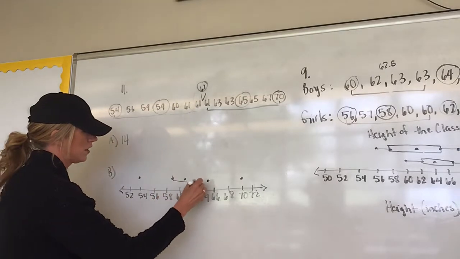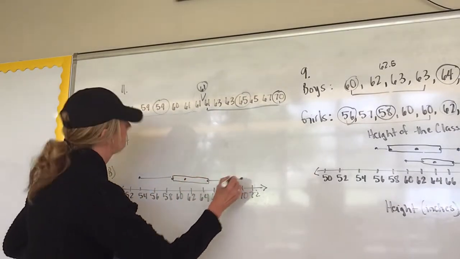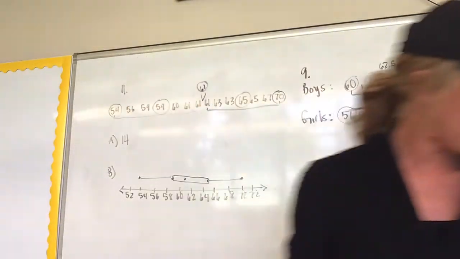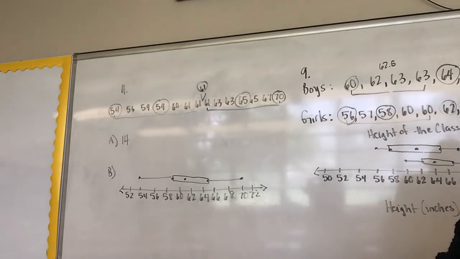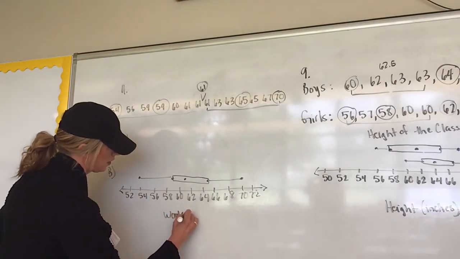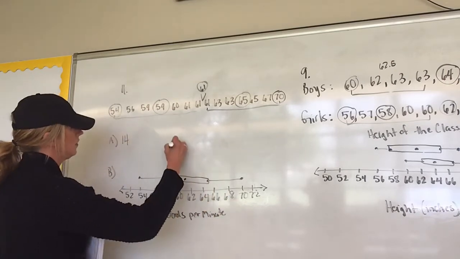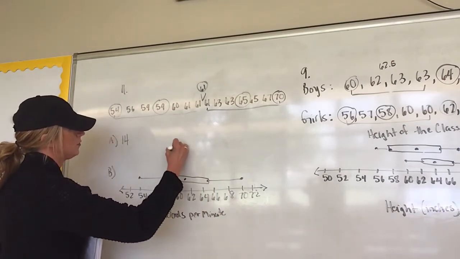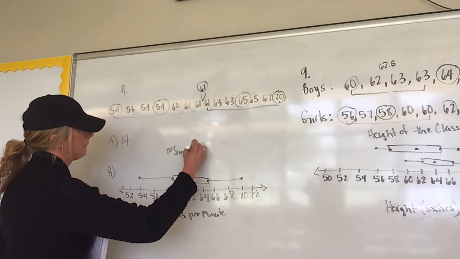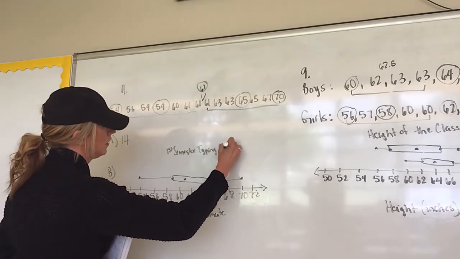Okay, let's construct the box. Let's put our whiskers. Okay, now let's go back. This is semester 1 keyboarding class. So words per minute. That's what we're looking at. This is first semester typing class.